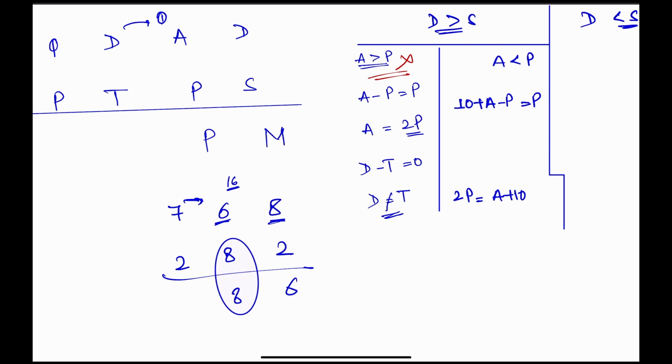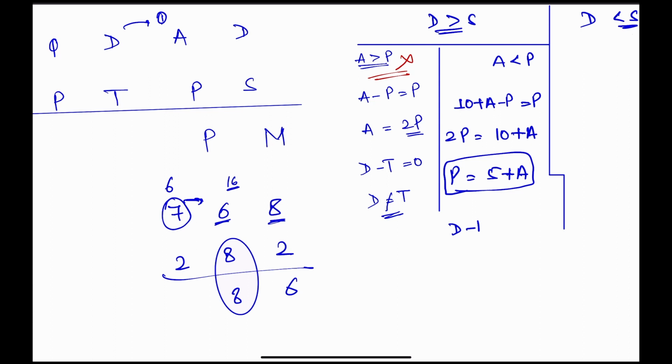So if I solve this one, what I am getting here is 2p equal to 10 plus a, and p is nothing but 5 plus a. One equation I got. If I see in this condition, d minus 1, because here it is becoming 6, so d minus 1 will be equal to t.